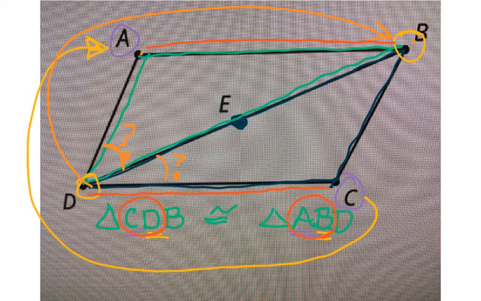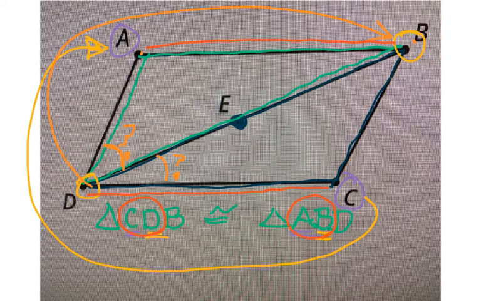Now, if that's the case, is ADB congruent to CDB? It can't be.